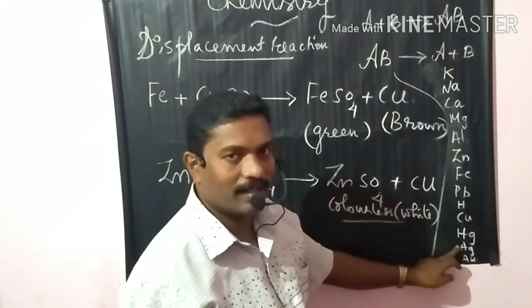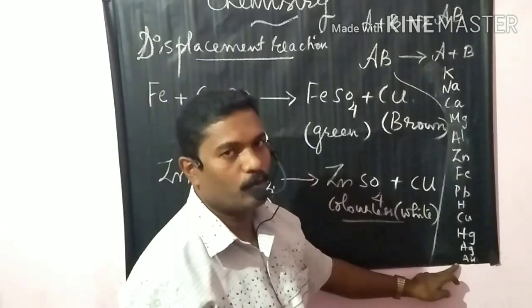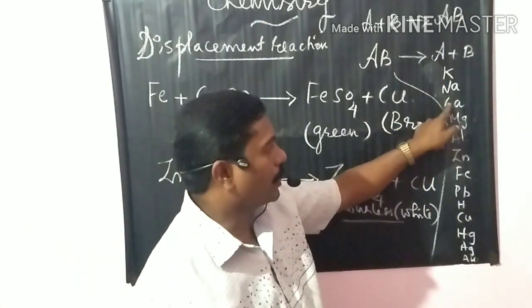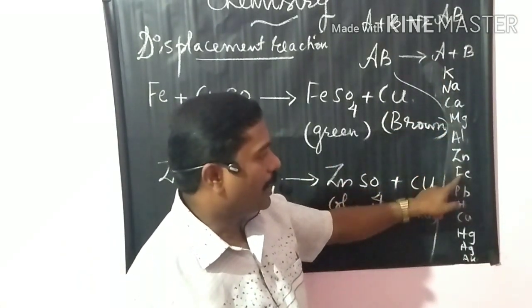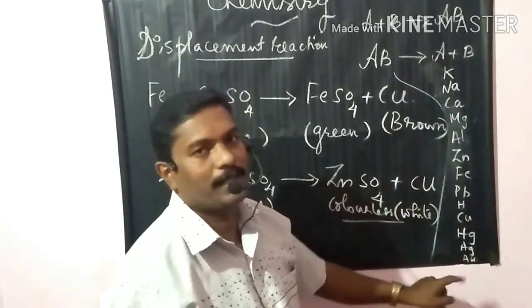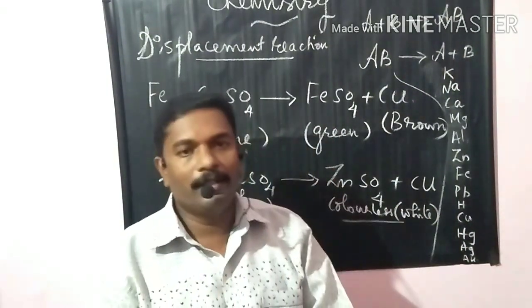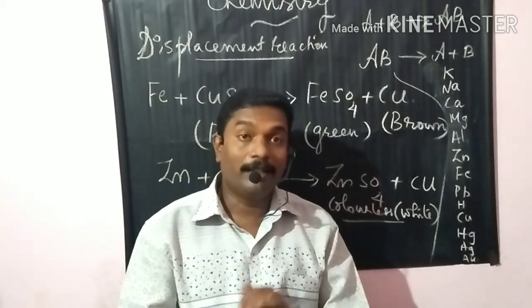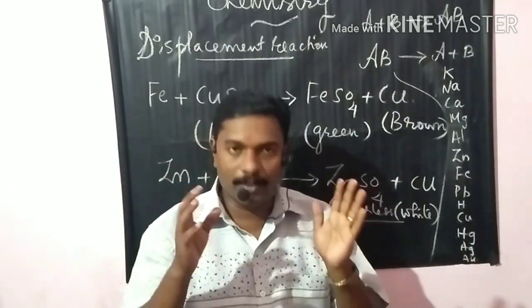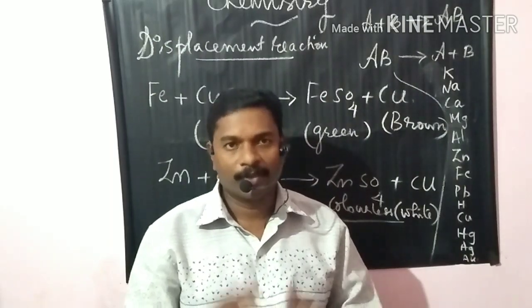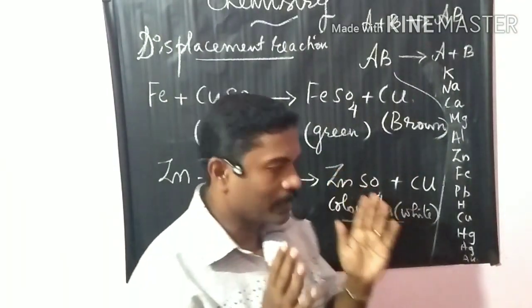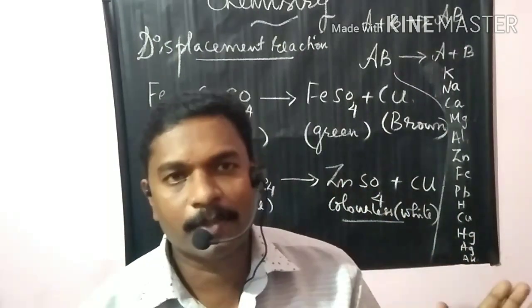Mercury, silver, gold, Messi, go. Once again, POSOCA, Magelusi, Ile, HyCO, Messi, go. Okay, so we will study this in our third chapter in detail. Now we have to study only what is a displacement reaction.